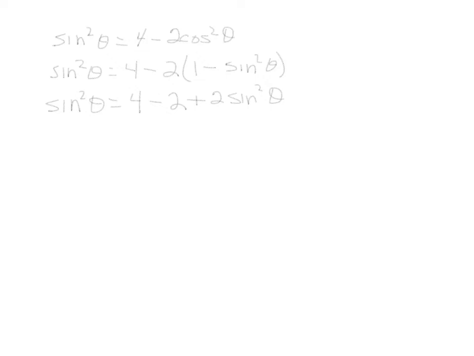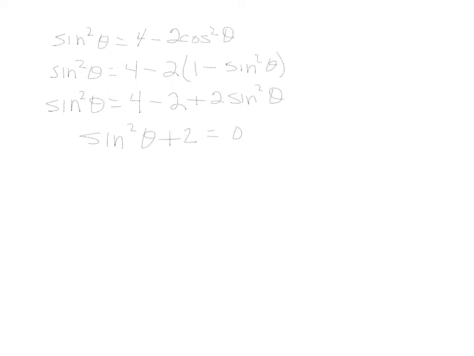Next, what we want to do is get everything on the one side of the equal sign. So I'm going to move everything to the right side. That is going to give us sine squared theta, 4 minus 2 is plus 2, equals 0. Now, I don't have a linear, just a sine term. I've got sine squared. So let's solve this by square roots method.